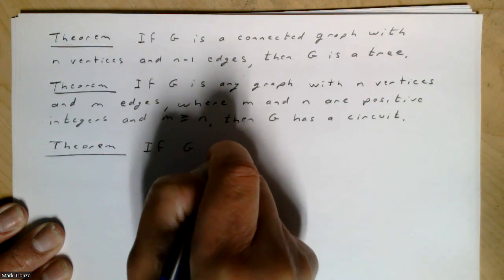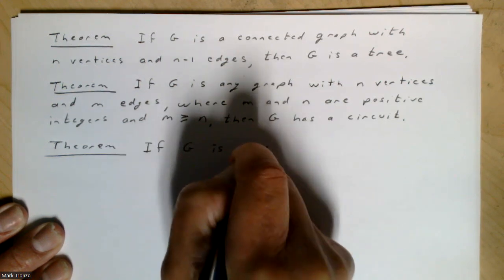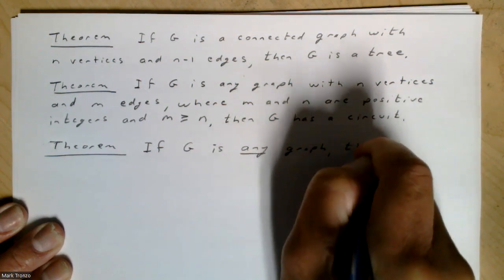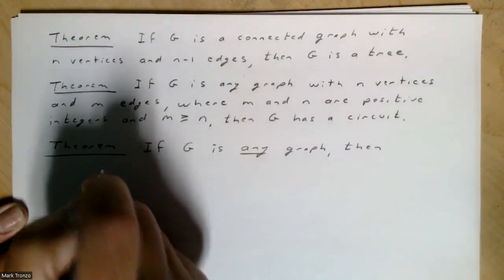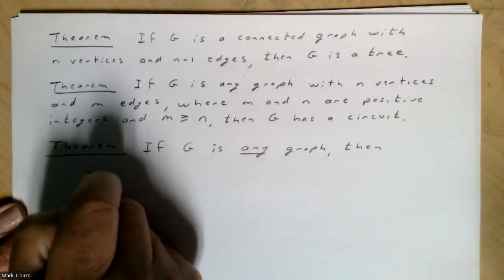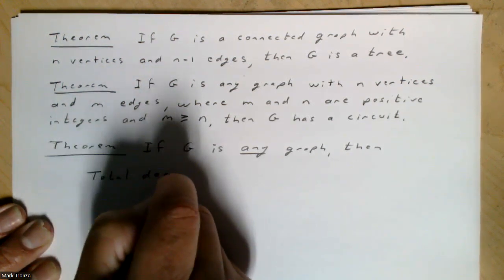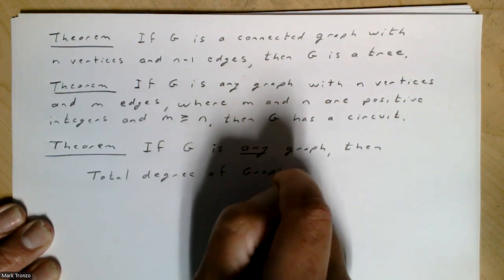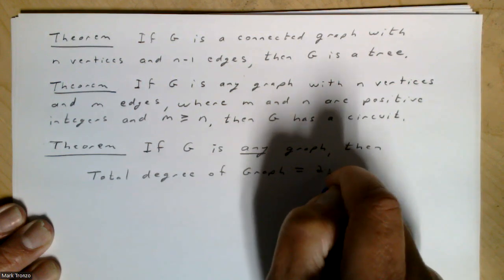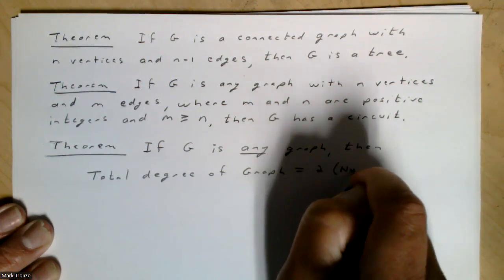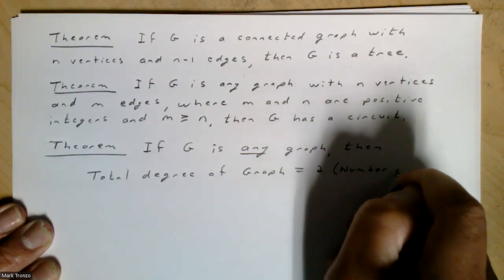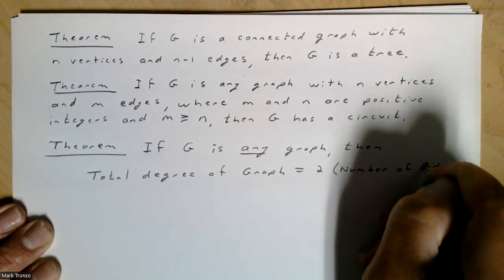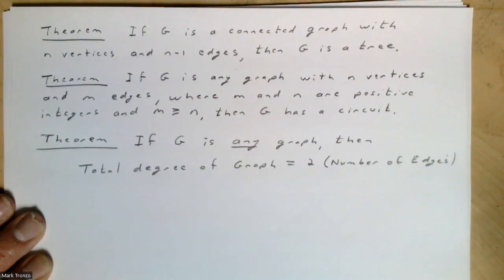If G is any graph, then the total degree of the graph equals 2 times the number of edges. 2 times the number of edges in the graph.